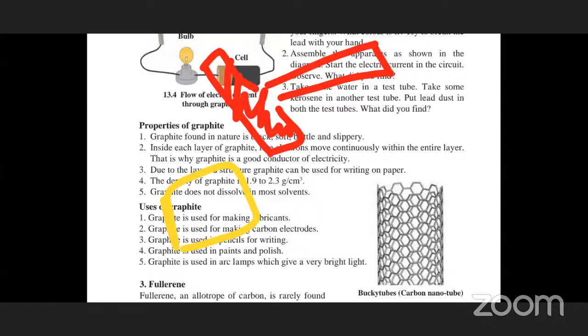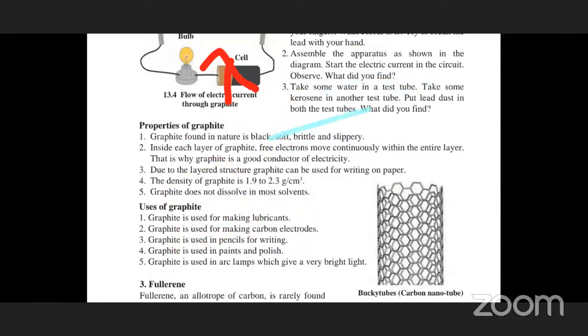This is the property of non-metals. Non-metals usually, when hit with a hammer or when pressure is applied, get converted into small particles or into powder form. The same thing is going to happen with graphite. When you hit graphite with any hard material, it will get converted into powder form, and this property is known as brittleness.